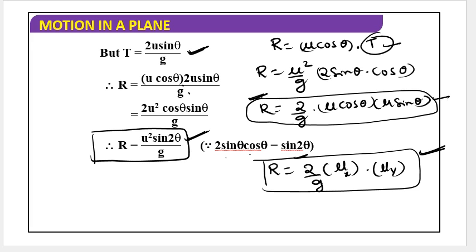One is r equal to u square by g sin 2 theta. Another one, r equal to 2 by g, u cos theta into u sin theta, where u cos theta is the initial horizontal component of velocity and u sin theta is the initial vertical component of velocity. Another one, r equal to 2 by g, ux into uy.